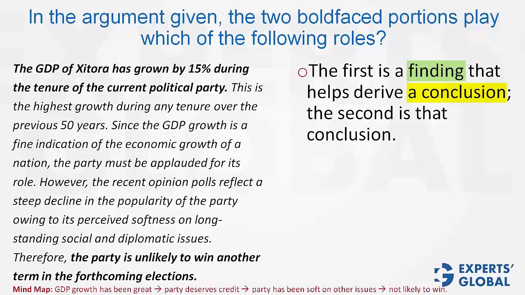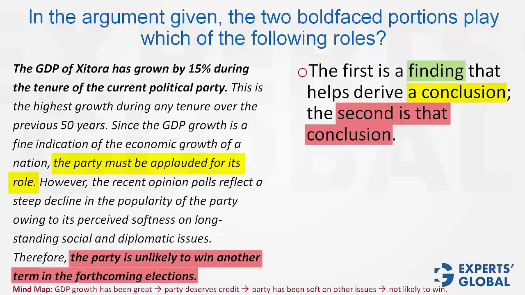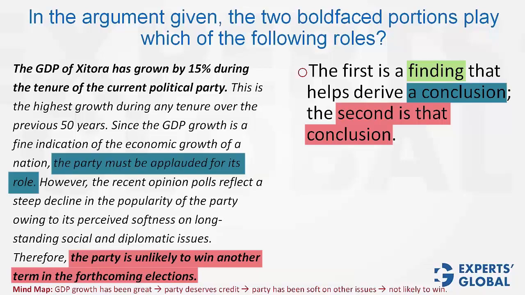A conclusion, remember, is the intermediate conclusion, which is the case. The intermediate conclusion here is that the party must be applauded for its role. However, to say that the second is that conclusion would be incorrect. The second is the main conclusion of the reasoning. A conclusion is referring to the part that says that the party must be applauded for its role. Bad answer choice.